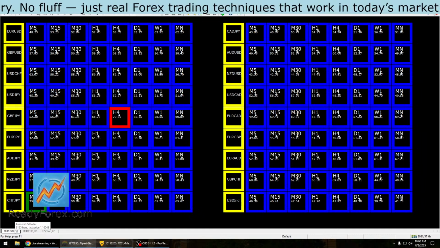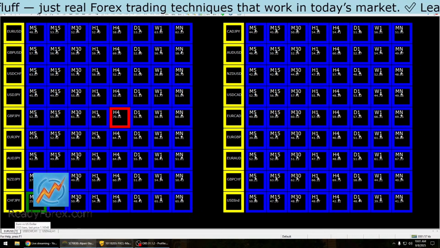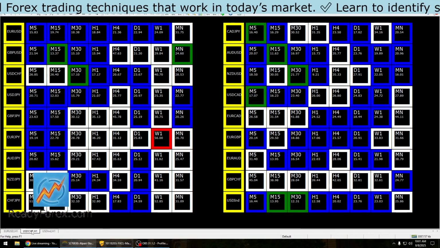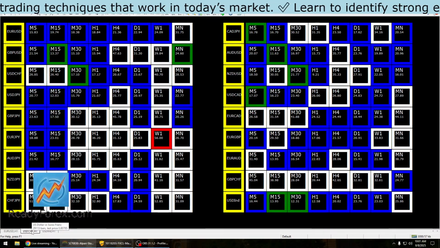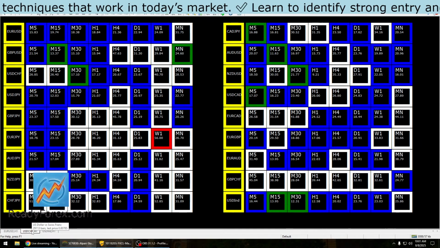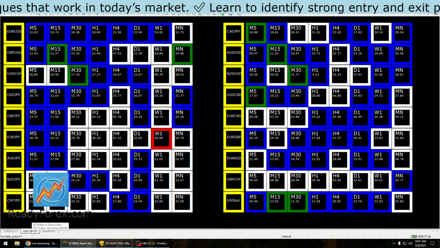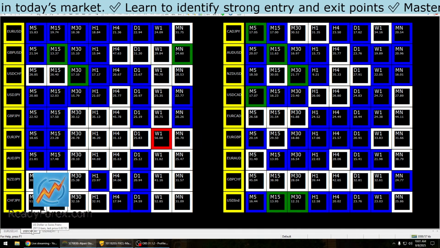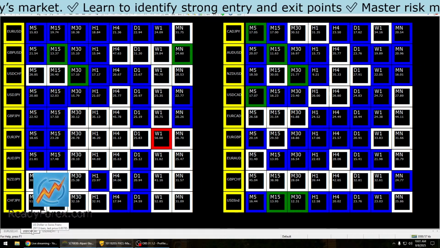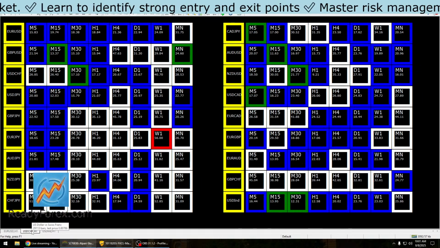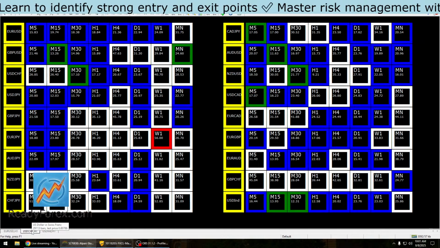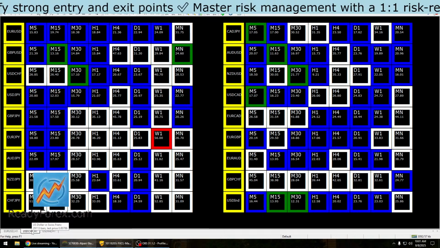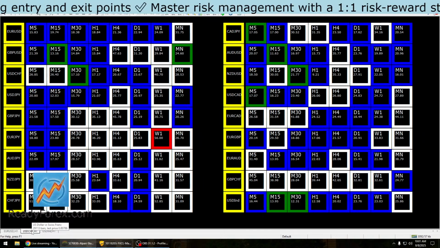Yes, the 15 minutes time frame looks to be in a range bound type situation in the Euro dollar currency pair. Here's another one. Let's check out the other screen. Yes, Euro yen, I would say it's moving in some kind of a trading range.